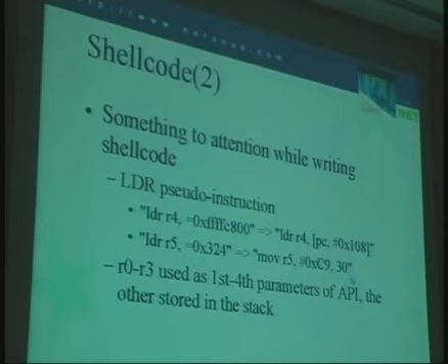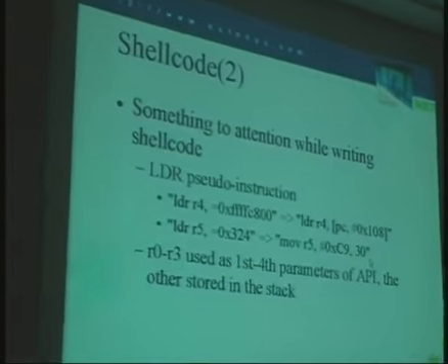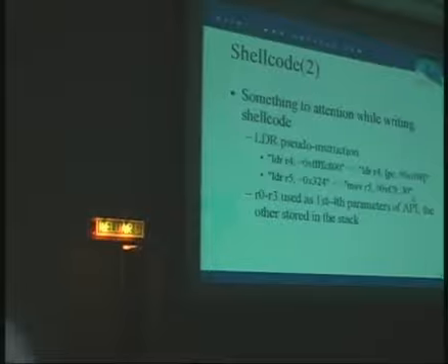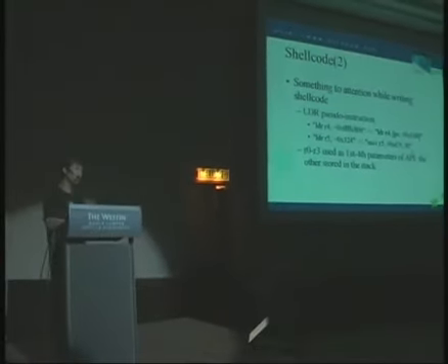And the Windows CE uses R0 to R3 as the first to the fourth parameters of the API. If the parameters are more than 4, the other parameters are stored in the stack. So we must pay attention because our shellcode may be in the stack.